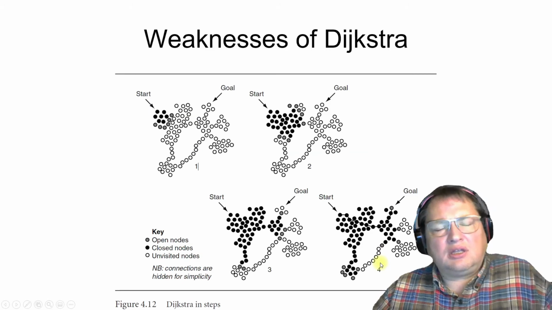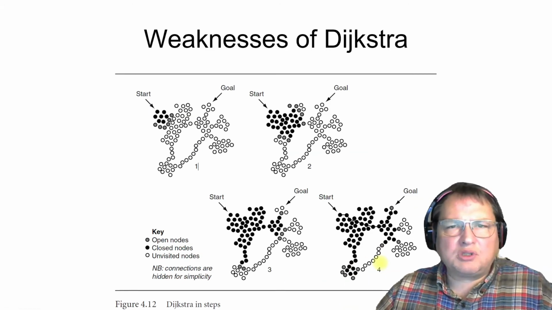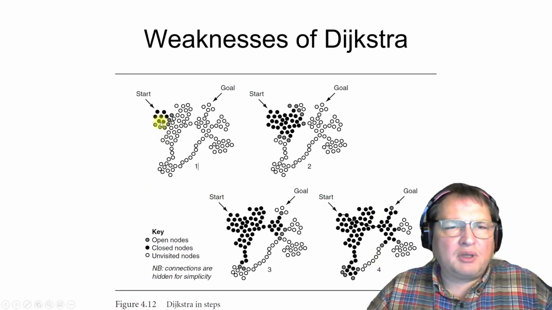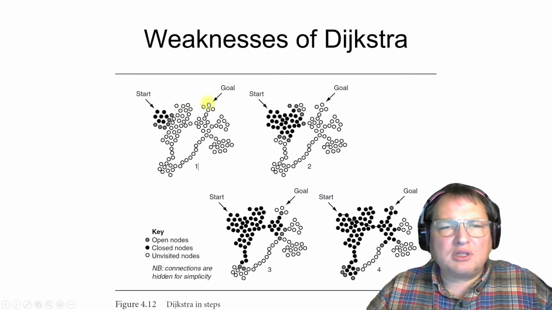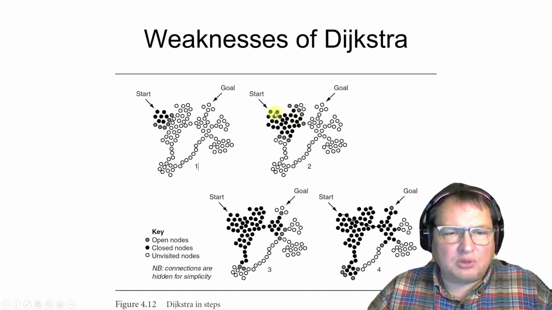Here is a more complex example. So this was the Dijkstra algorithm running to find a path from a start which was here to a goal which was here. And you can see consecutive stages of this algorithm with black nodes symbolizing closed nodes, and those gray nodes, these are open nodes.